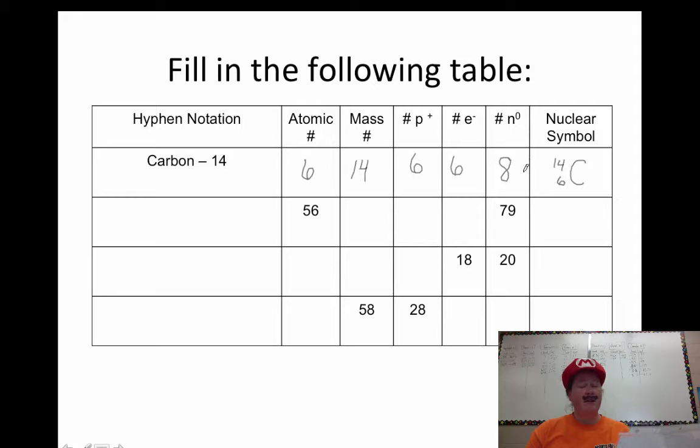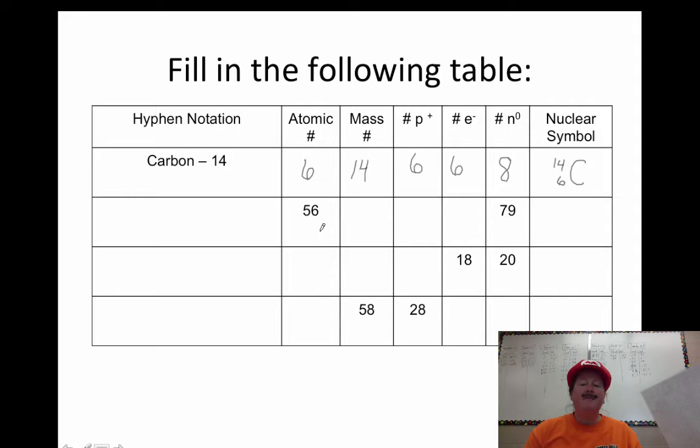If you look on the periodic table, the average atomic mass is 12.01. That means the majority of the atoms likely have a mass around 12. So it's likely the most common isotope of carbon is carbon-12. All right, let's go to the next one.